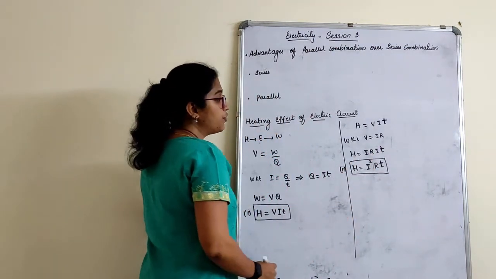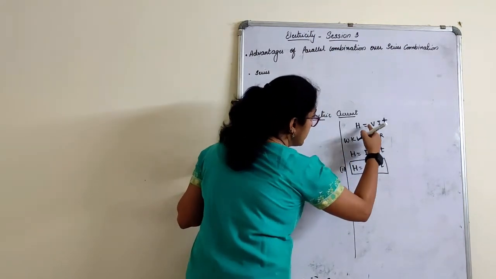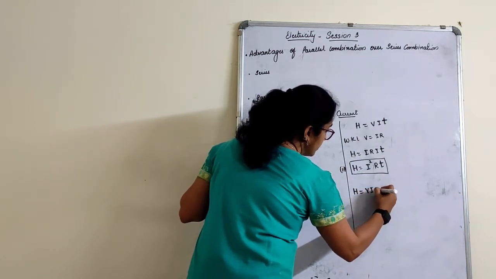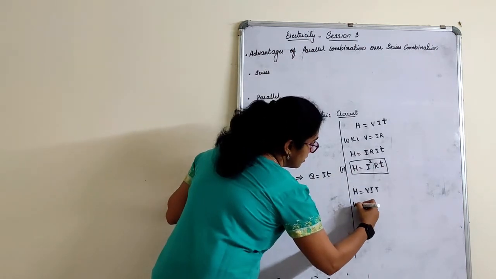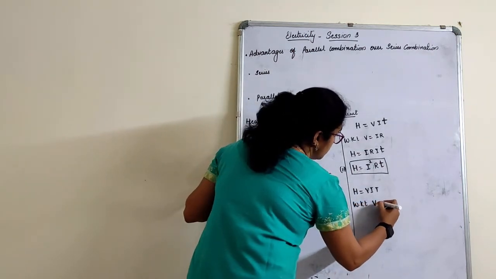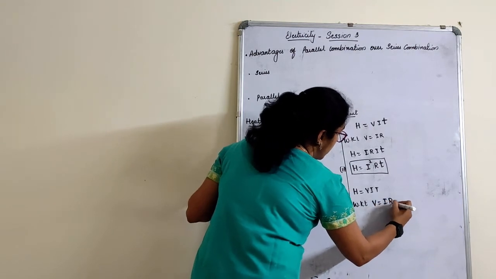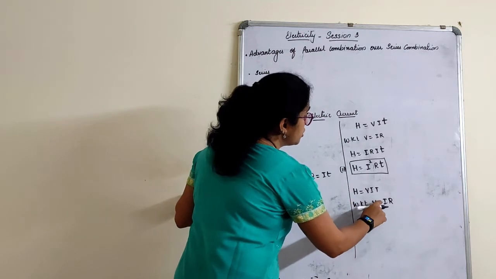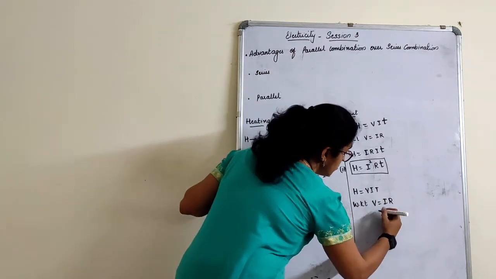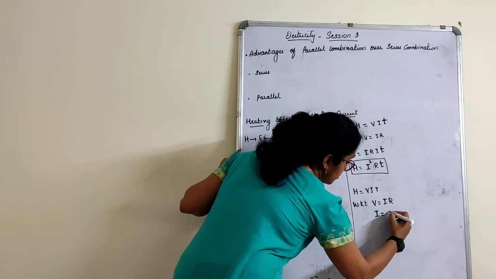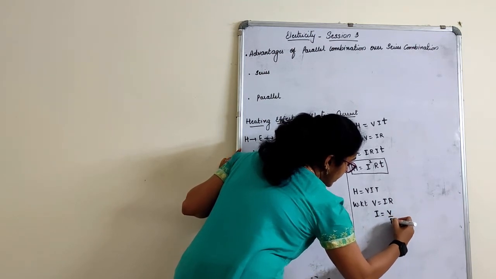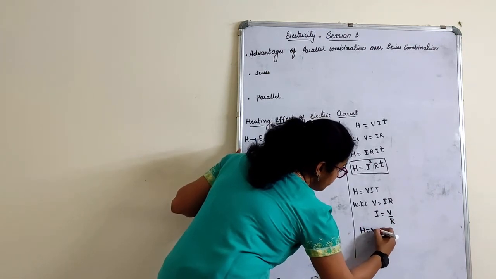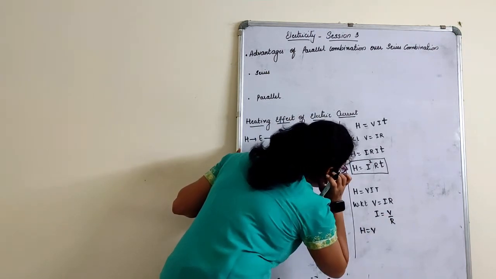One more formula we have now. Again I will write the same thing: H is equal to V I T. Again we know that V is equal to I R. So what we will do here is, instead of I, we will substitute: I is equal to V by R. So H is equal to V, and instead of I, what will I write here?